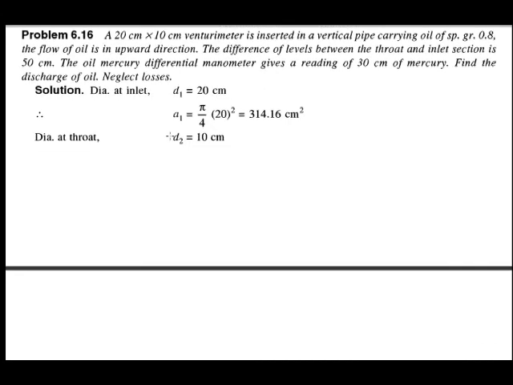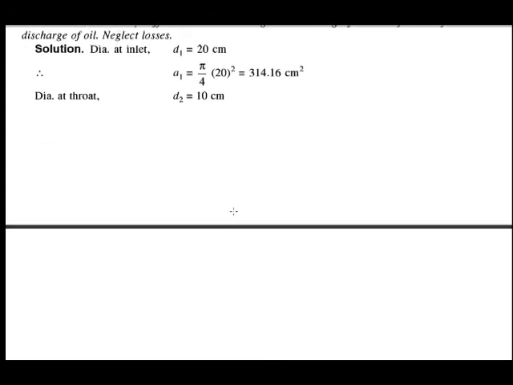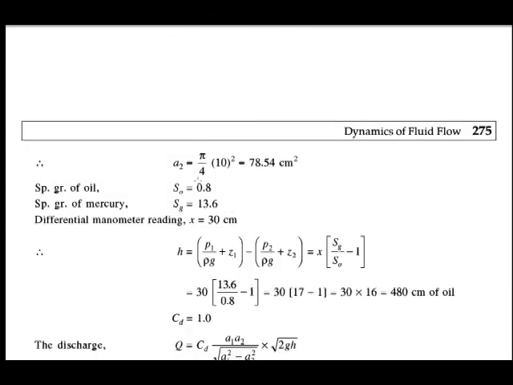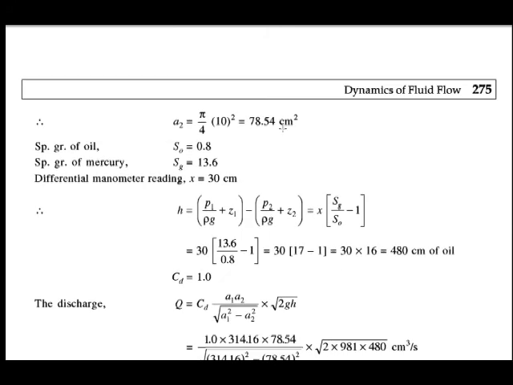Let us first find out the area at both the sections. Diameter D1 is 20 cm, then area A1 is 314.16 centimeters square. D2 they have given as 10 centimeter, from that we have calculated the A2 value as 78.54 centimeters square.